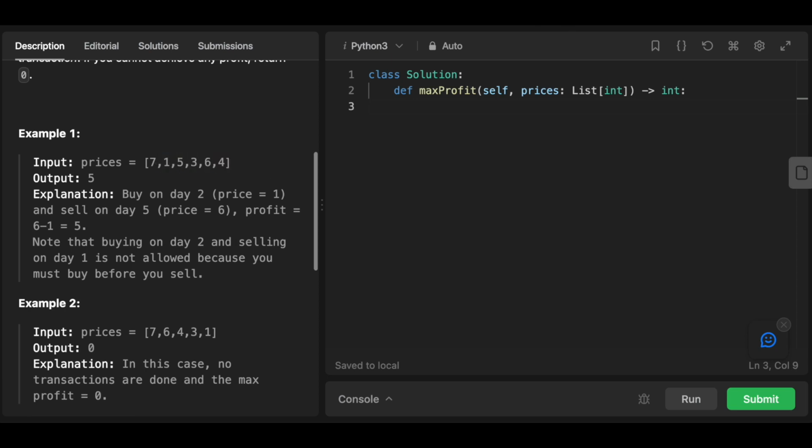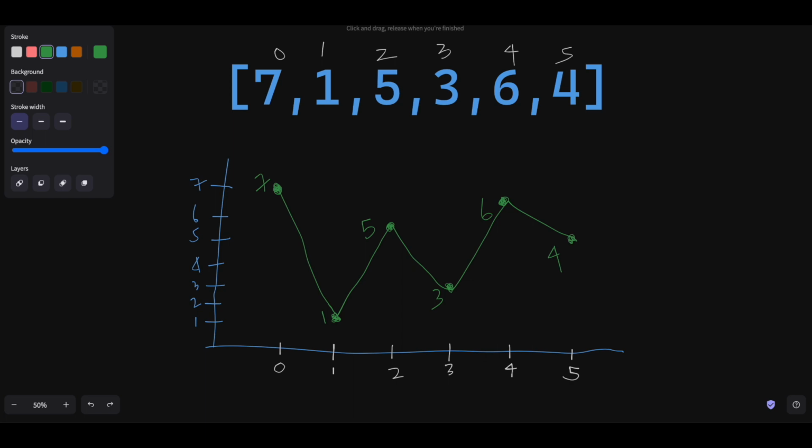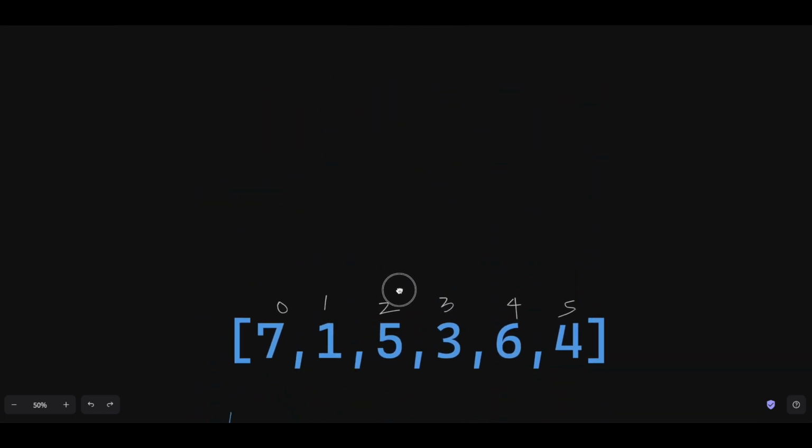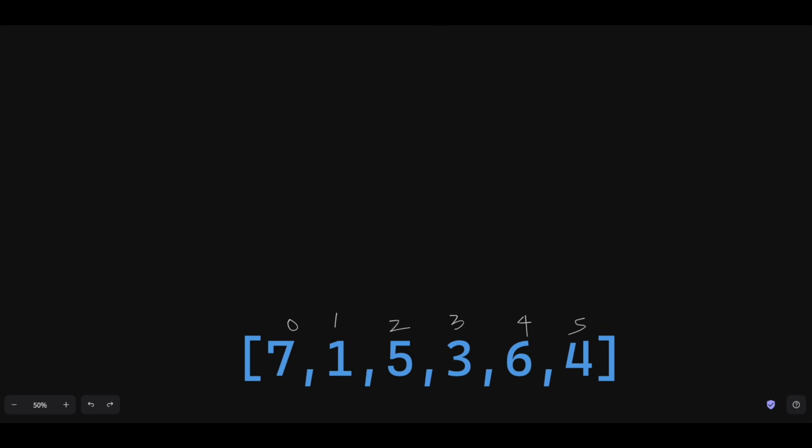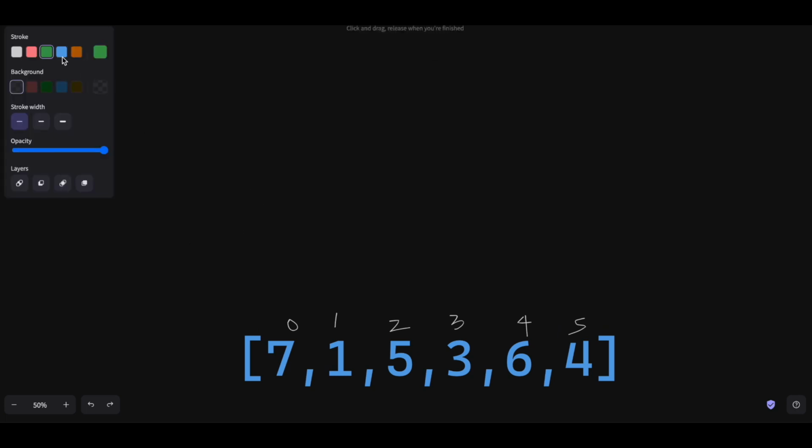Okay, so the most intuitive way to solve this is actually simple but takes a few extra iterations and a little extra space, but it is worth going over.